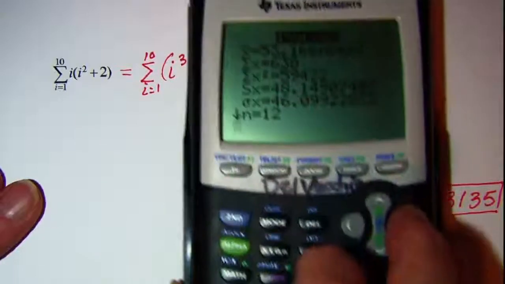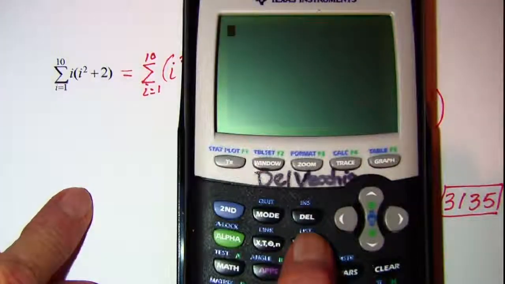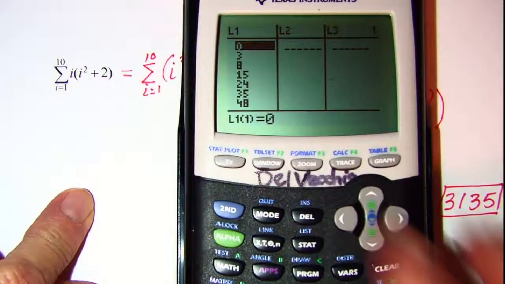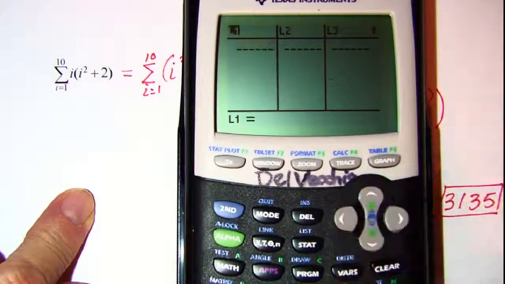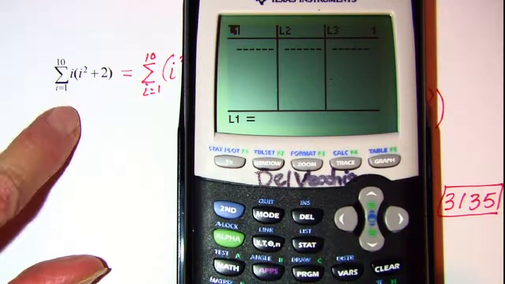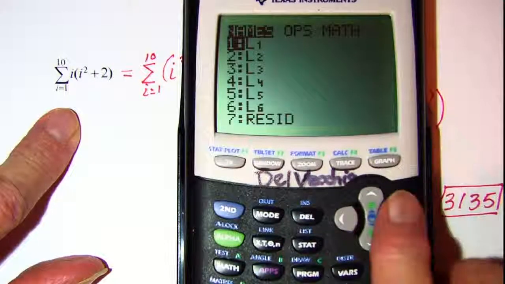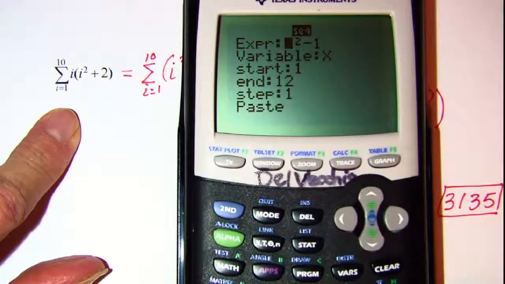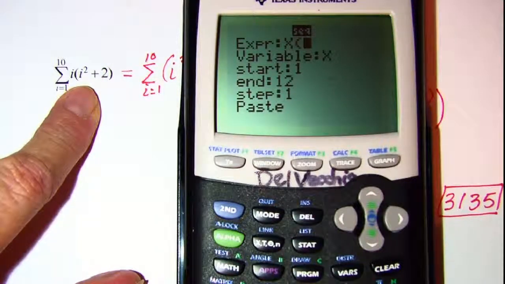Let's go ahead and use our list again. I'm going to go to Stat, Edit, and I want to clear out this list and then sit up here. And then I'm going to go to List, which is second stat, and choose Ops and go down to Sequence. And this time my expression is x times the quantity x squared plus 2.